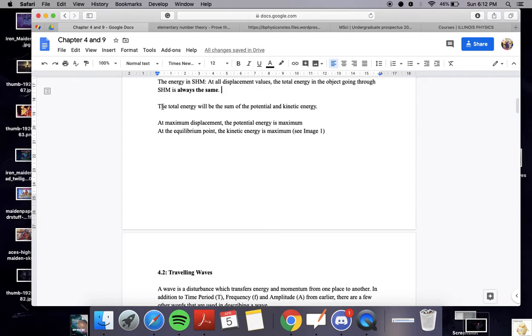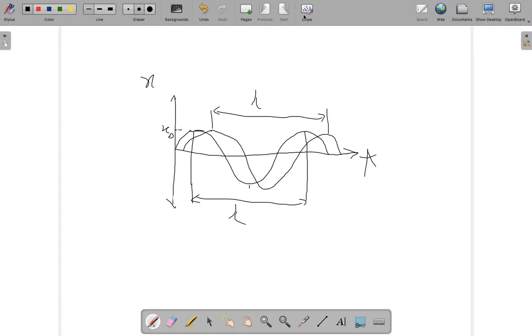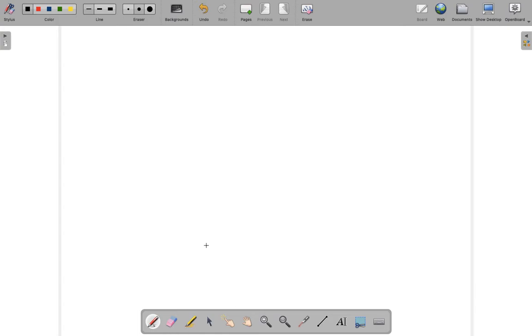Now, the total energy will always be the sum of the potential energy and kinetic energy. To visually show this, let's go back to our ball and pendulum case. It doesn't have to be just a ball and string pendulum. It can also be a mass spring pendulum.